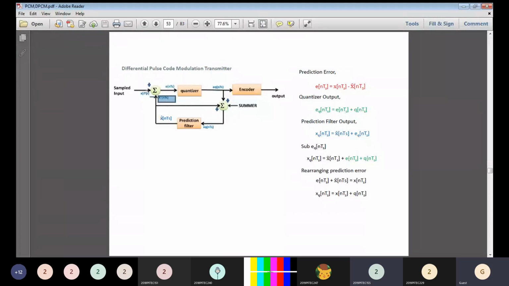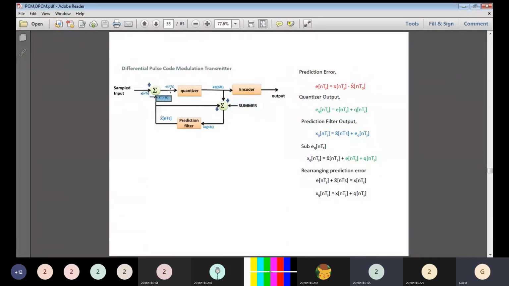So we calculate the difference between x of nTs and x cap of nTs, the prediction of x of nTs. In the first iteration the value will be 0, so we take the first sample value as it is, and we calculate the error value e of nTs by finding the difference between these two. We get the error values e of nTs like this.